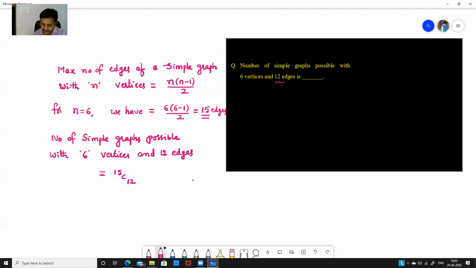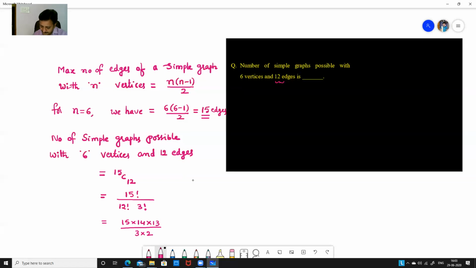Okay. So what is the 15 C 12 value? It is 15 factorial by 12 factorial into 15 minus 12, that equals 3 factorial, right? So which is equal to 15 into 14 into 13 into 12 factorial. Denominator 12 factorial, numerator 12 factorial get cancelled. And in the denominator we have 3 into 2. 3 factorial means 3 into 2.